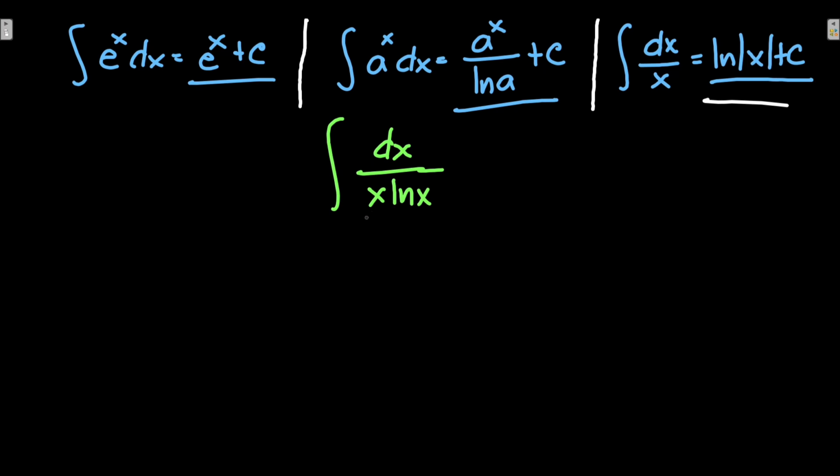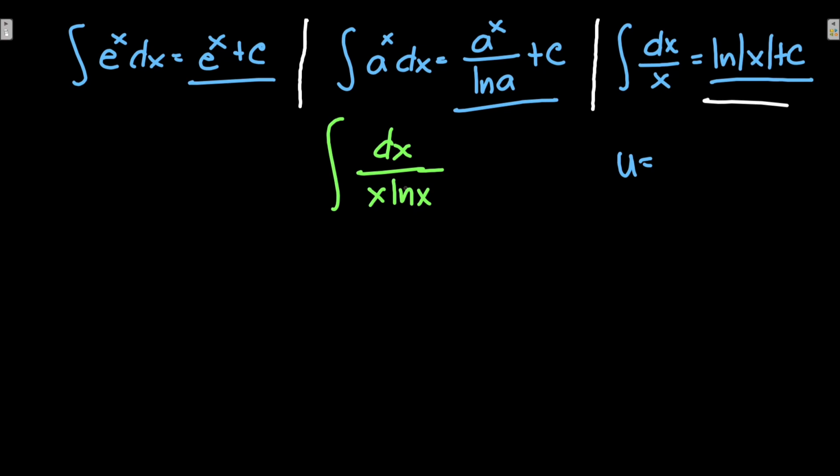For the last problem, the integral of dx over x multiplied by ln of x. Once again, whenever you encounter a problem like this, the best approach is to use u substitution. So let us substitute u as ln of x.